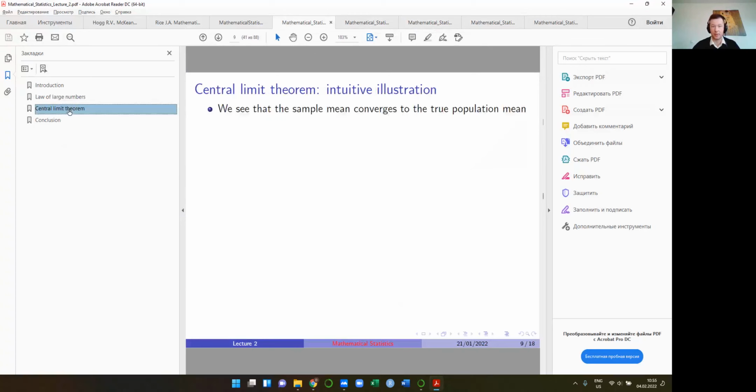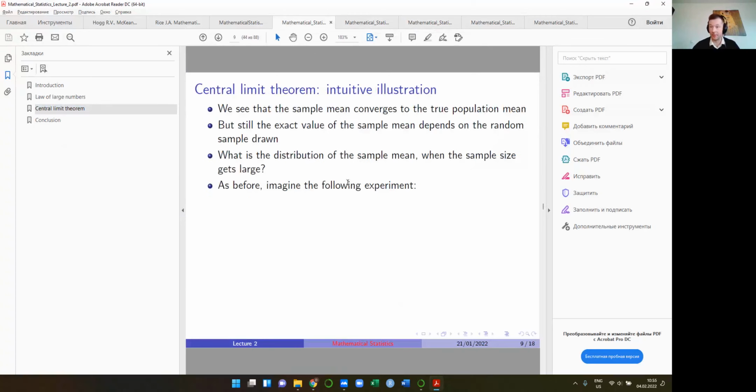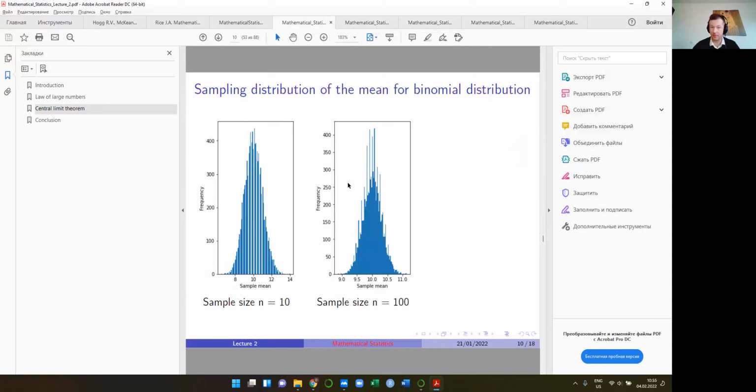in lecture number 2, what happens to the sample mean when the sample size increases. I simulated these random samples, of course, and I knew that the true population mean is 10, and you see that 10 is exactly in the middle of this distribution.